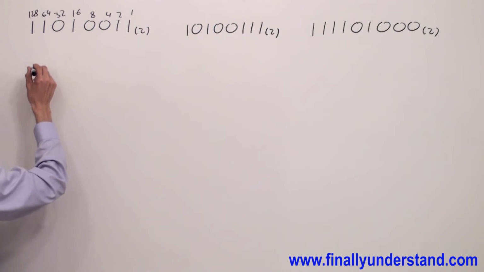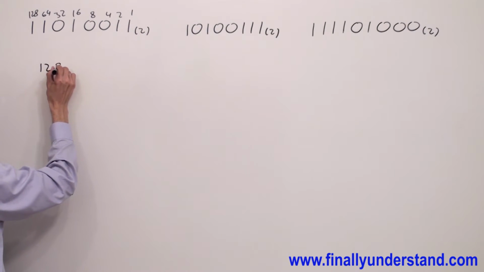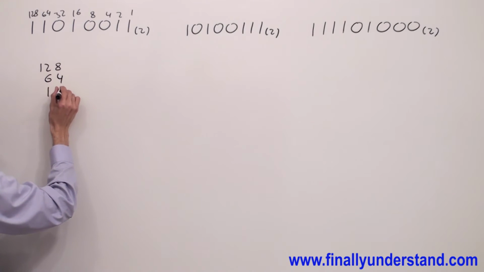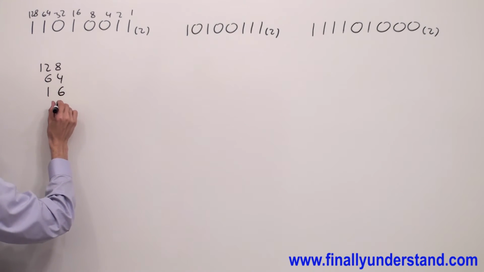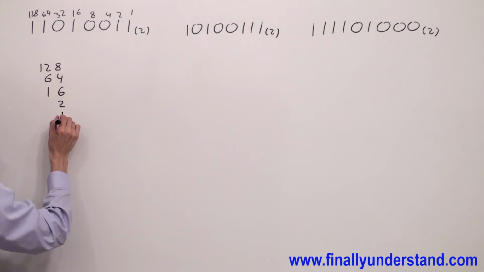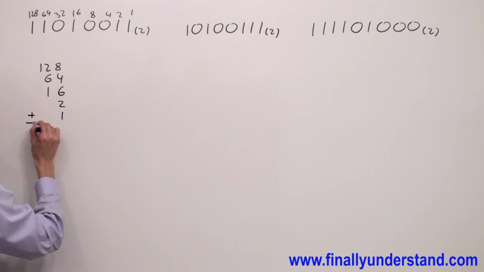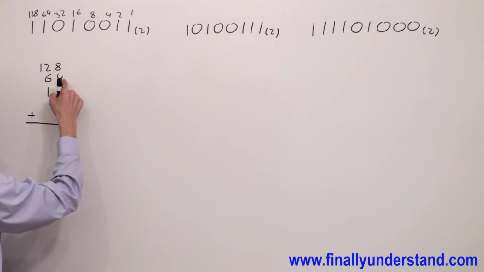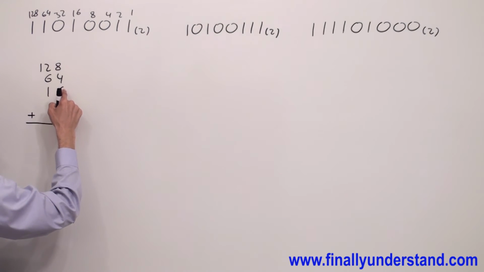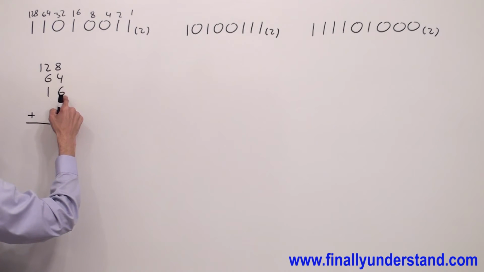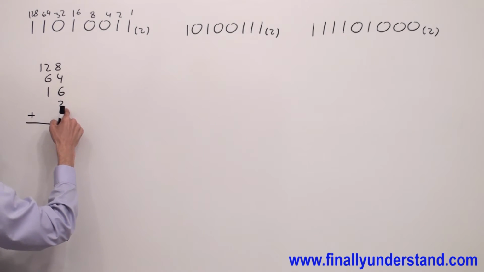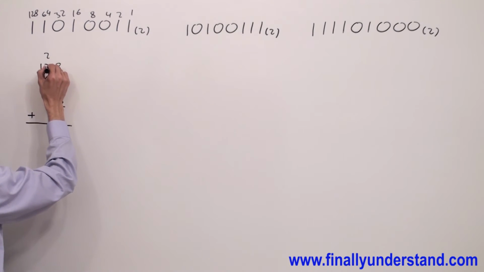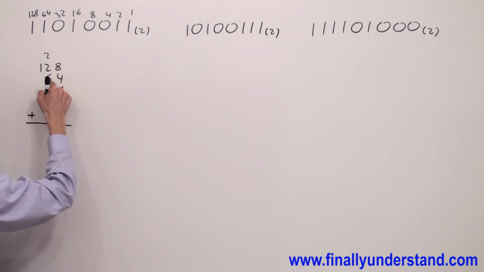So I have 128 plus 64 plus 16 plus 2 plus 1. We're supposed to add them up. 8 plus 4 is 12. 12 plus 6 is 18. 18 plus 2 is 20. 21. 4, 6 is 10.